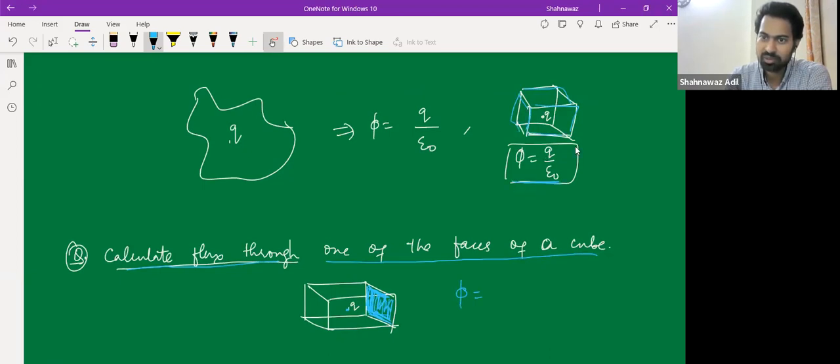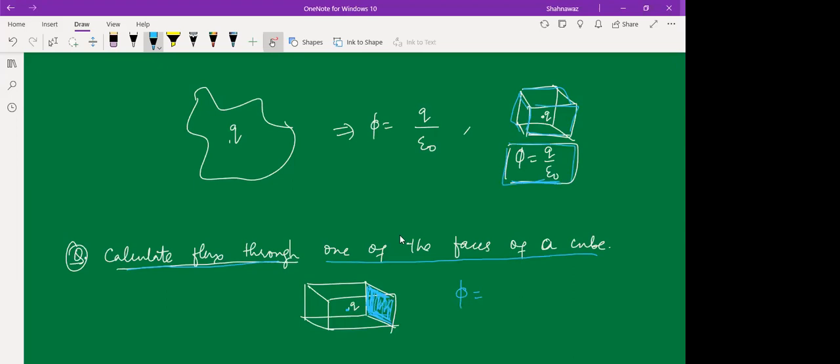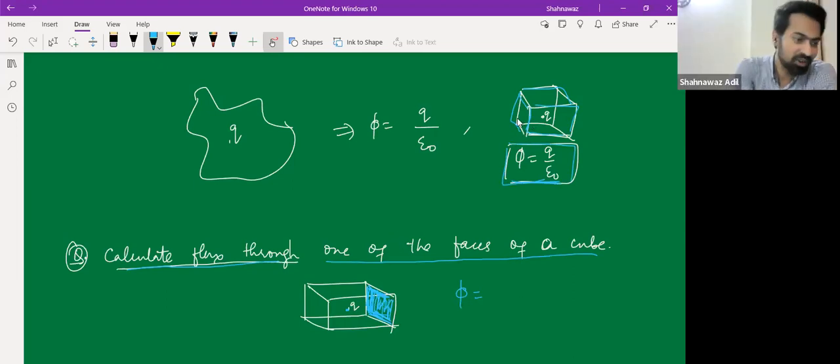I don't know. So the cube is a closed surface, right? This is not exactly a cube, let's say a rectangle, but for this closed surface, how much is the electric flux? That we have discussed, right? For any closed surface, the flux is how much?